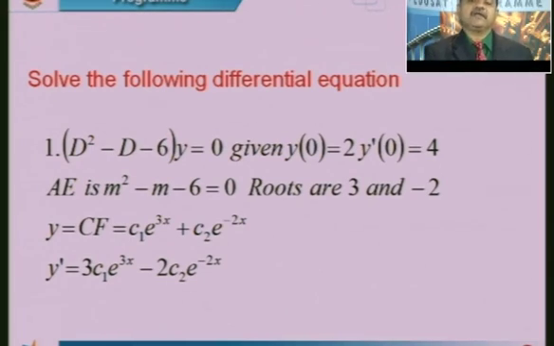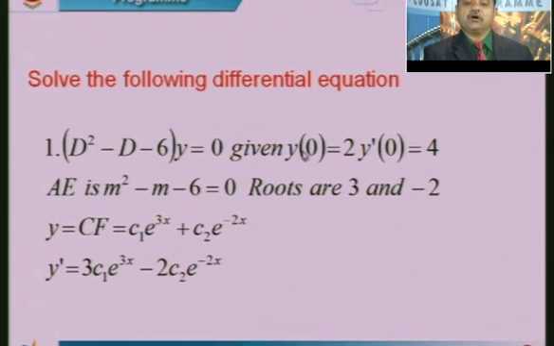Here I am showing you an example with initial conditions. y of 0 is 2, y dash of 0 is 4. See the problem, it is very familiar to you until this. You write the auxiliary equation, find the roots, write the complementary function which is going to be the solution, there is no right hand side. What you have to do? Differentiate it with respect to x, 3c1 minus 2c2, then you have y dash.